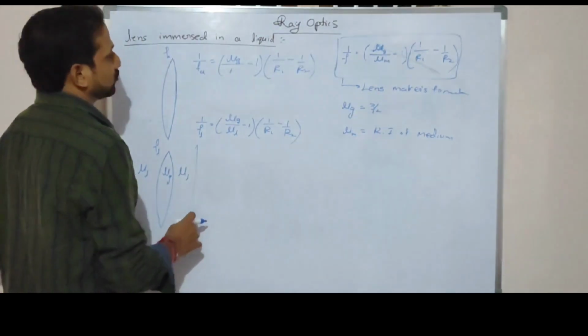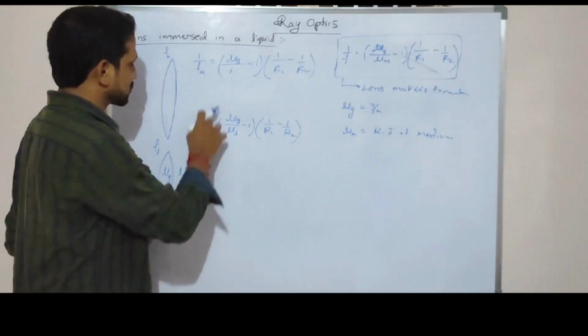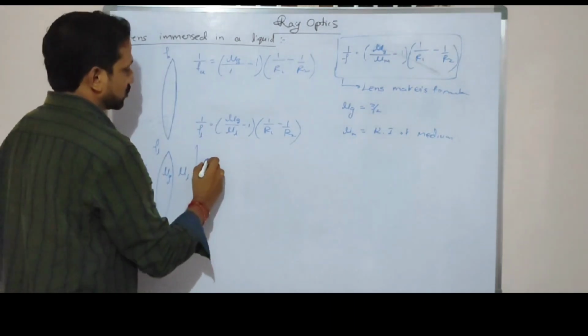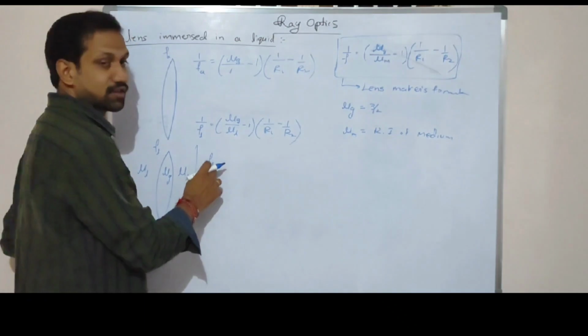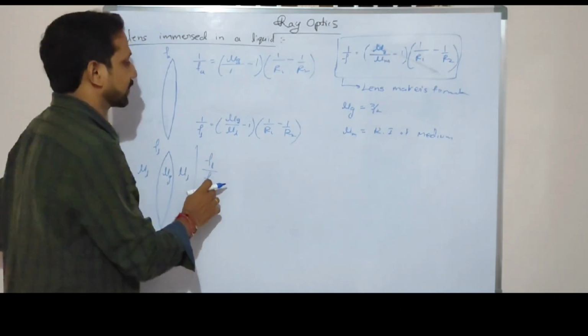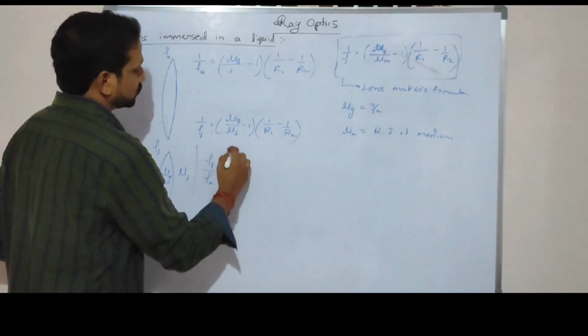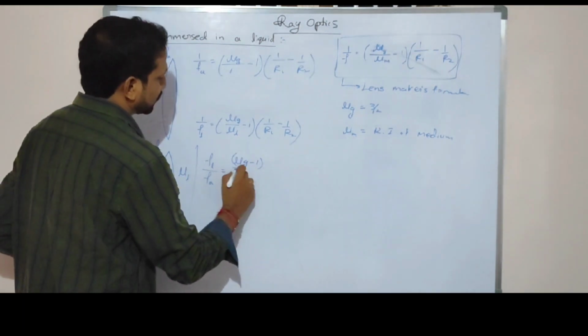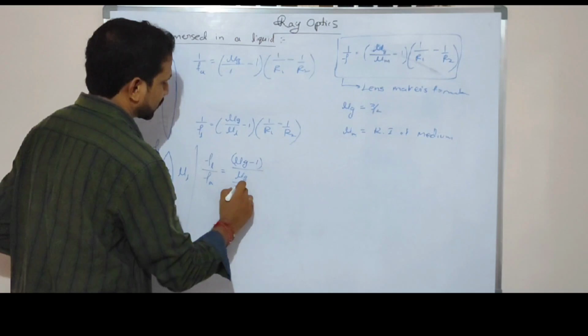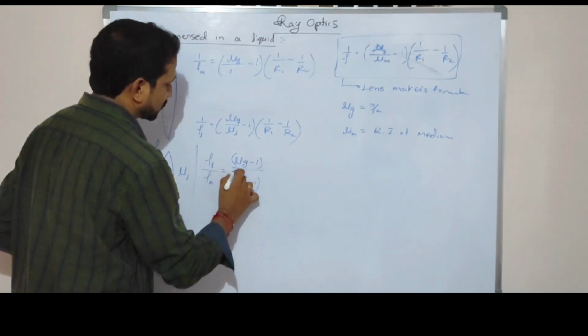Now we take the ratio of these two equations. If you take the ratio, you get fl by fa, that is focal length in liquid divided by focal length in air, equals mu g minus 1 divided by mu g by mu l minus 1.